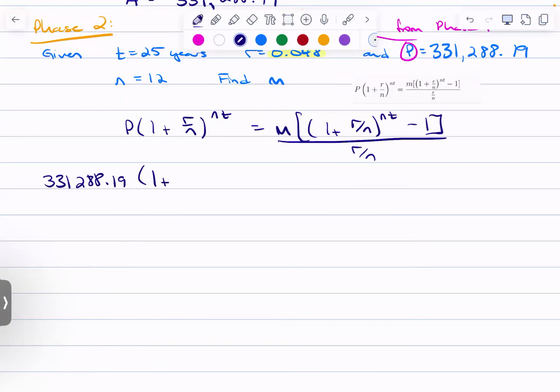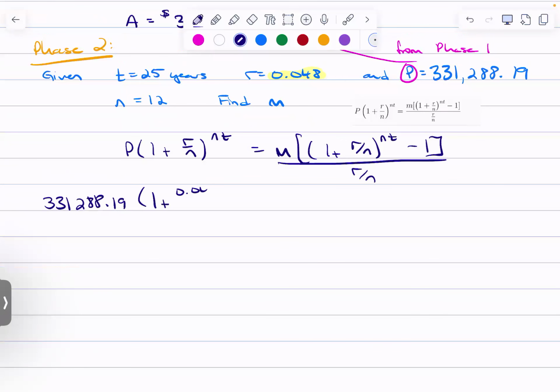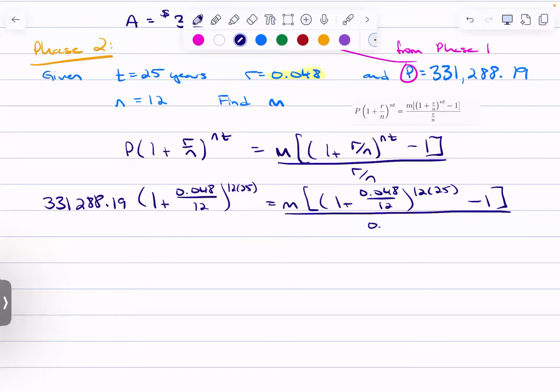331288.19 times 1 plus 0.048 divided by 12 to the power of 12 times 25 is equal to M, which I want to find, times 1 plus 0.048 divided by 12 to the power of 12 times 25 minus 1, divided by 0.048 divided by 12, which is 0.048 divided by 12.